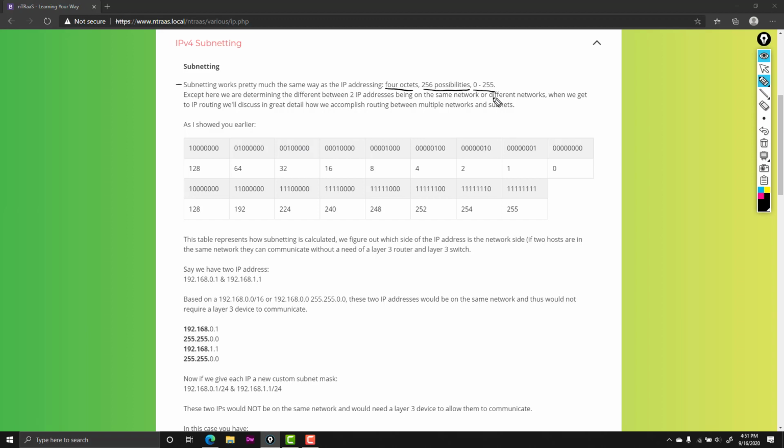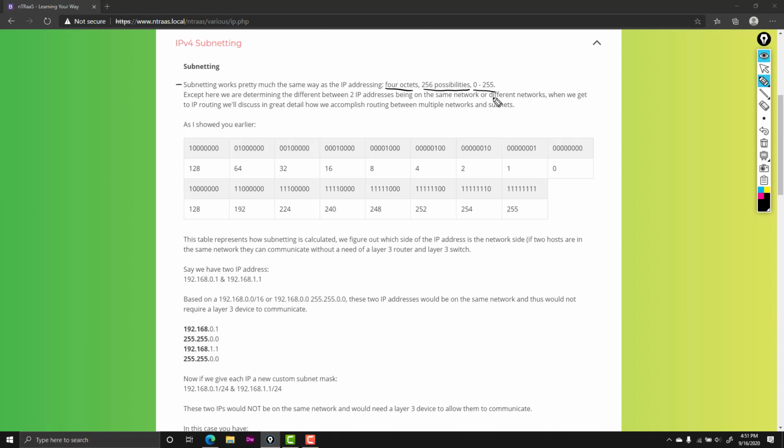Except here we are determining the difference between 2 IP addresses being on the same network or different networks. When we get to IP routing, we'll discuss in great detail how to accomplish the routing between these networks and subnets. But first, you really need to know how to create the subnets.